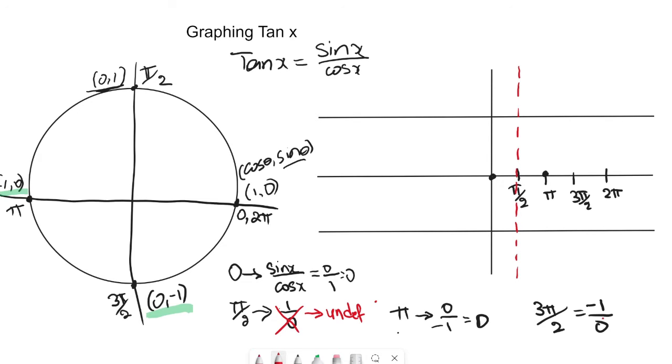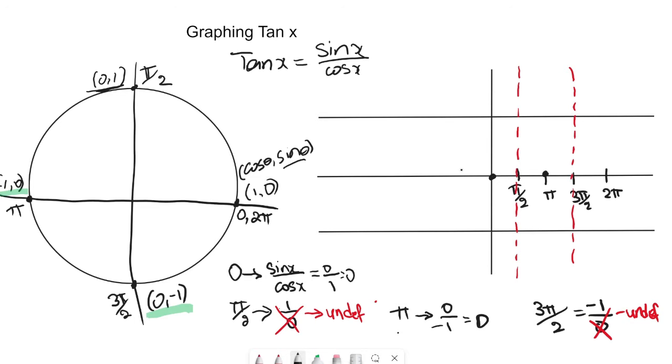But we know we cannot divide by 0. So this is undefined, and we have another vertical asymptote here. What happens is we're essentially going to have a vertical asymptote at every increment of pi over 2 where cosine is 0.